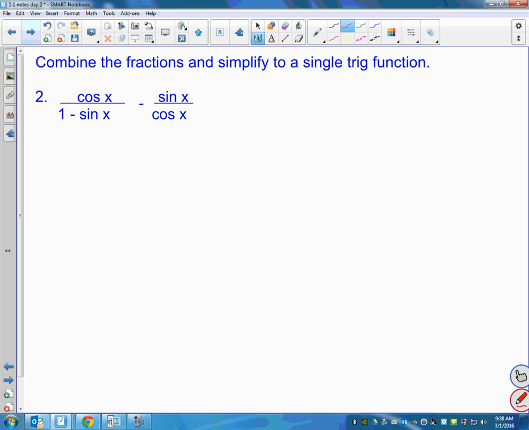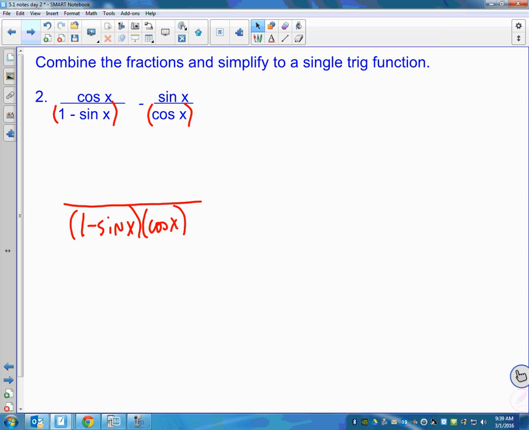I'm going to give you a head start on this one, and I'm going to see where I'm going. Just like the last one, these have nothing in common, right? So my common denominator is just going to be 1 minus sine x times cosine x. So think about what you need on the top to get that. I'm going to give you a minute to get a head start.